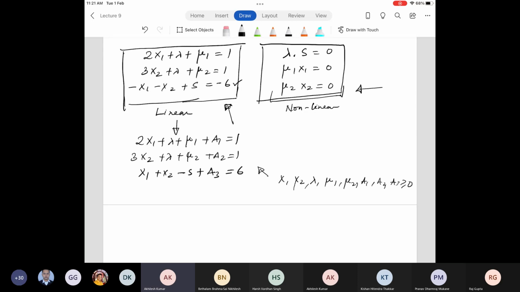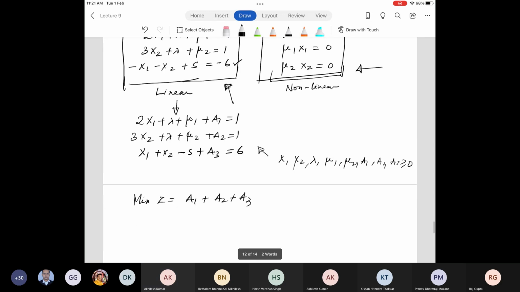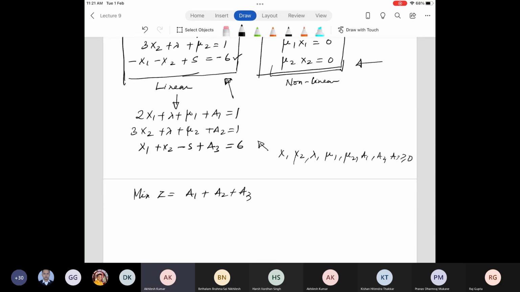Here we can invoke the first phase by saying that I want to minimize G equals A1 plus A2 plus A3. Let me convert it into our standard form for maximization: maximize G equals minus A1 minus A2 minus A3, which gives the equation G plus A1 plus A2 plus A3 equals 0.